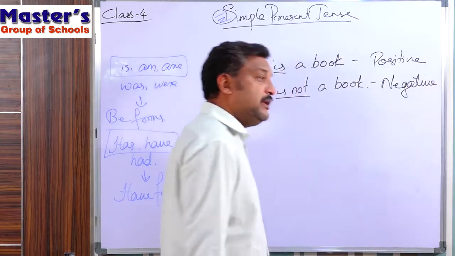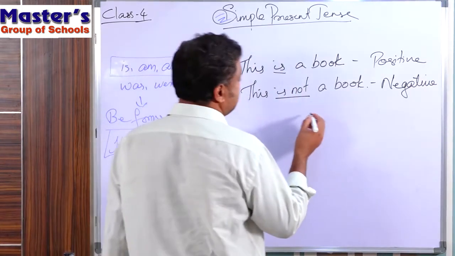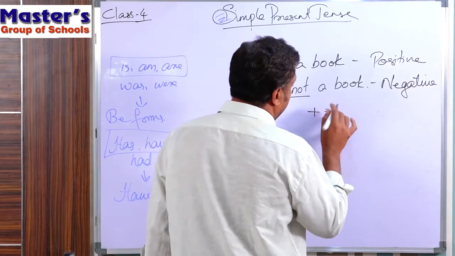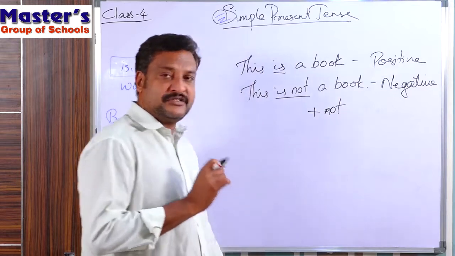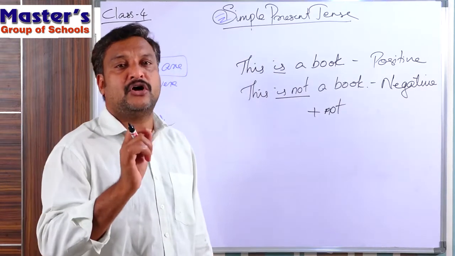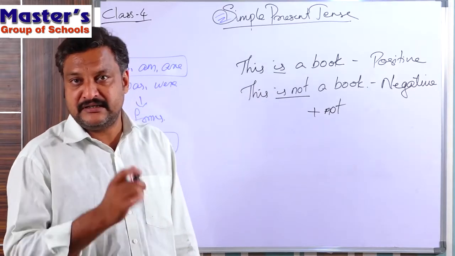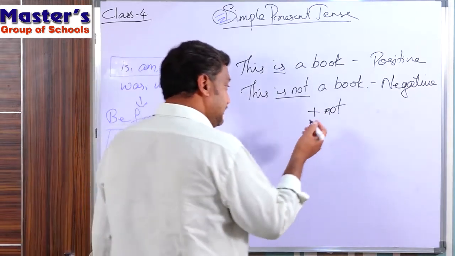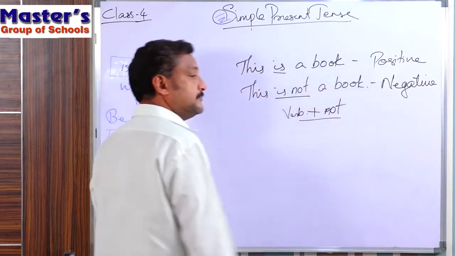So how do we make a positive sentence negative? Yes, we can change a positive sentence to negative by adding not. We should simply add not to a sentence, and that not has to be added after the verb.